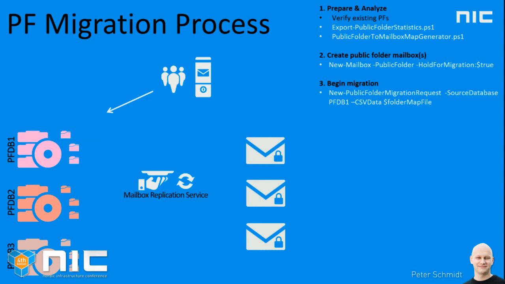In this example, we specify the public folder database in our on-prem environment because this is an on-prem migration, which we illustrate here. I'll get to how it works in online later. And you specify the map file that we created early on. And then we can start copying the hierarchy and the content.